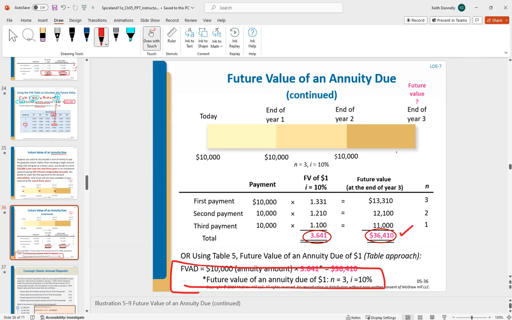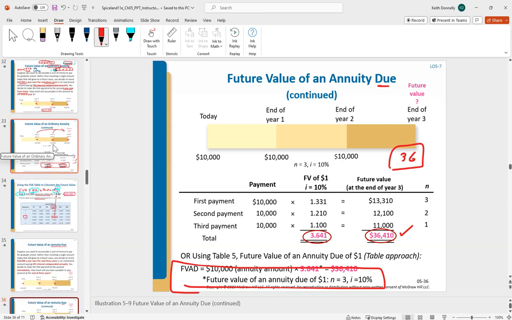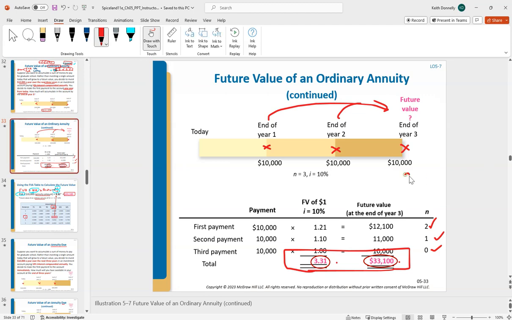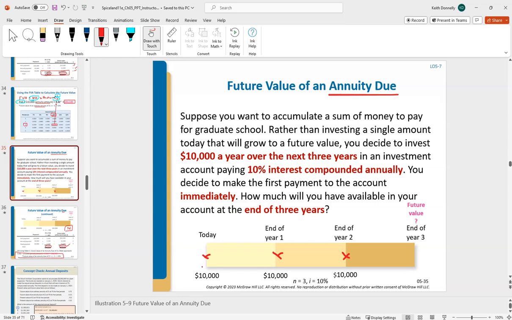And the idea with this is, the annuity due, the account balance would be 36,000, but the ordinary annuity, the account balance was 33,000. Right? Why is that the case? Well, hey, we had additional time here for each one of these investments to grow and get bigger, right? We didn't wait a whole year until we made our first contribution there.